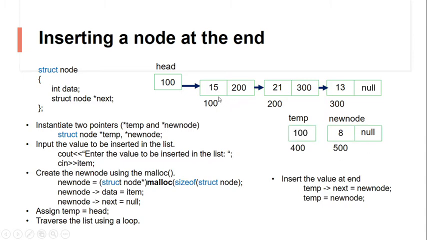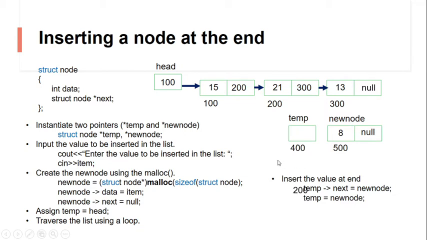Let's say I have 6 or 5 items, so I have to move from one memory address to another until I reach the one that is null, so that I can create the node there. The initial value for temp, for instance, is our head, which was 100, and the next address is 200, so it's not empty.